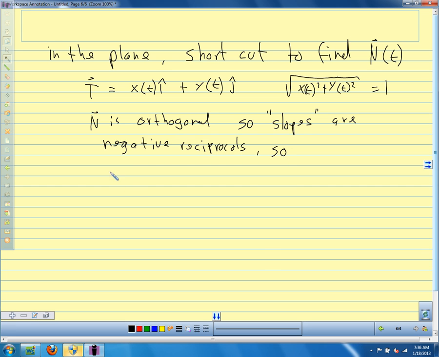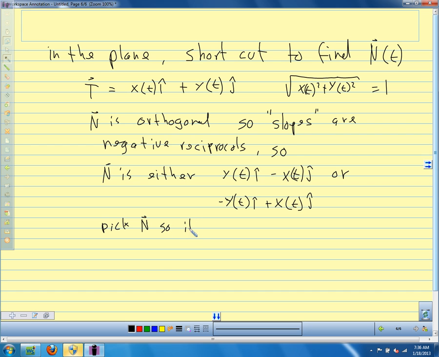So n is either y of t i minus x of t j, or minus y of t i plus x of t j. And you pick by deciding which one points to the concave side of the curve. One's going to point away from the concave side, one's going to point towards the concave side. So you pick n so that it points to the concave side of the curve.